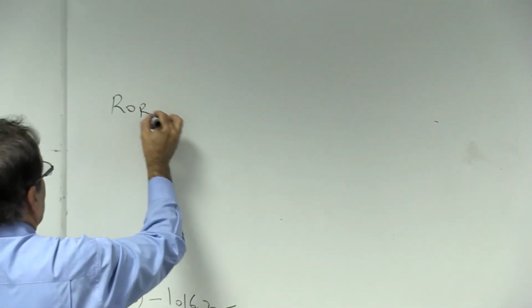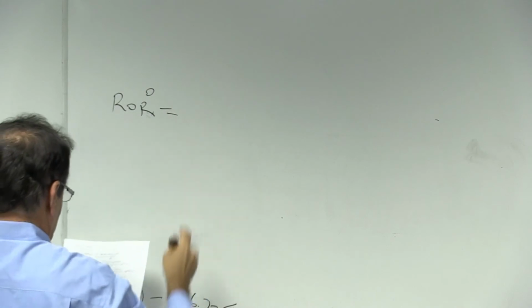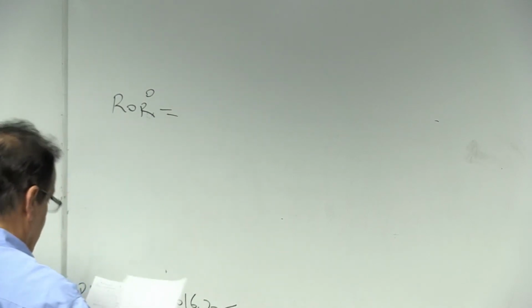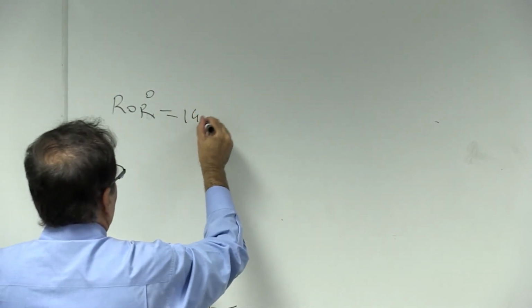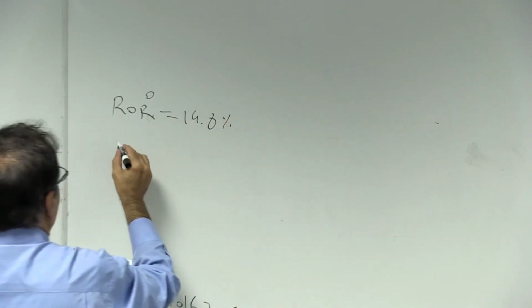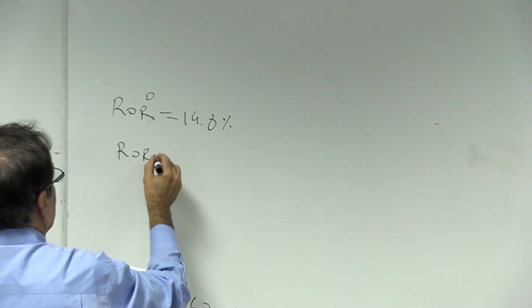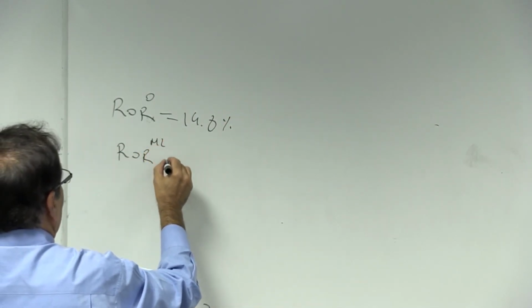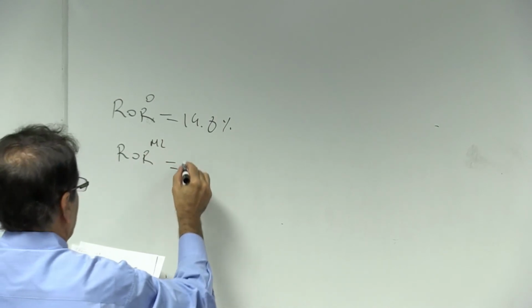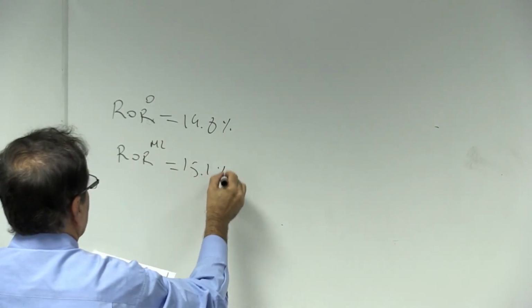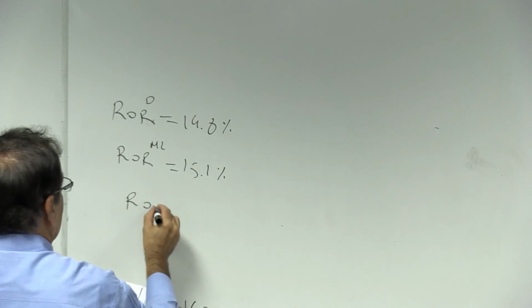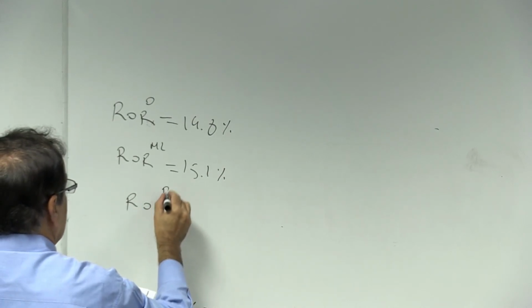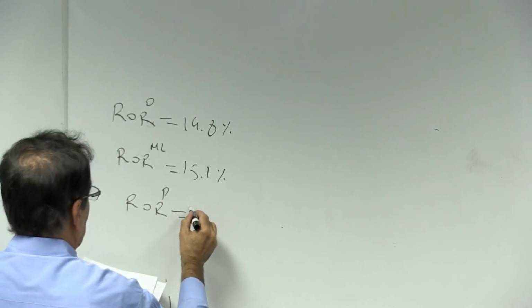Now, I'm going to repeat the information we got earlier. The rate of return based on optimistic value was 19.8%. The rate of return based on most likely value was 15.1%. And the rate of return based on pessimistic value was 3.9%.